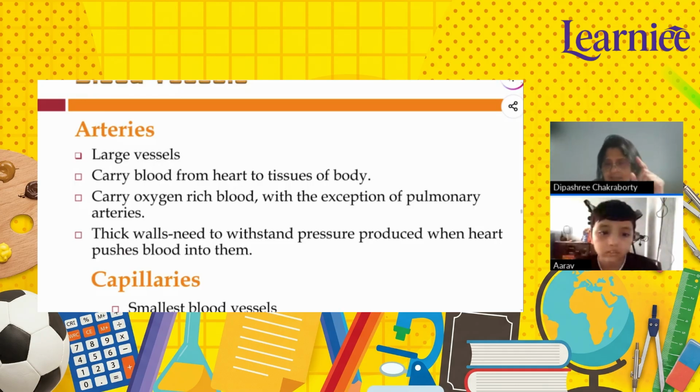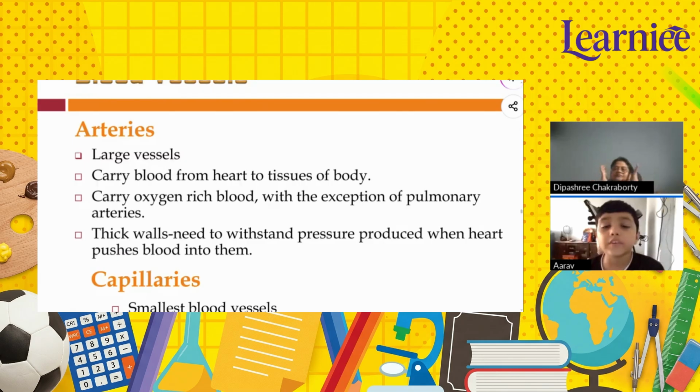So what is the conclusion? Normally arteries carry oxygen-rich blood except pulmonary arteries. Very important question, this one. Mostly it comes. Next, another function of arteries, they carry blood from heart to the tissue. Now, answer to my question, why do these arteries have thick walls?